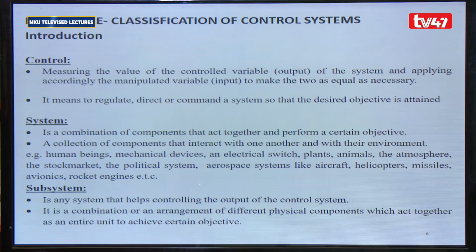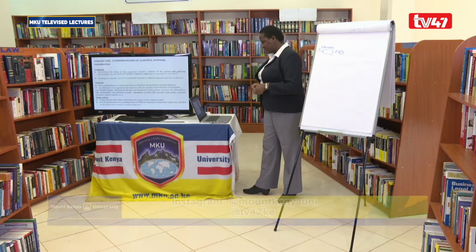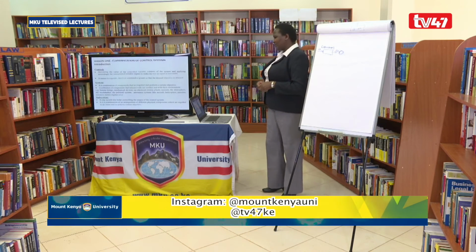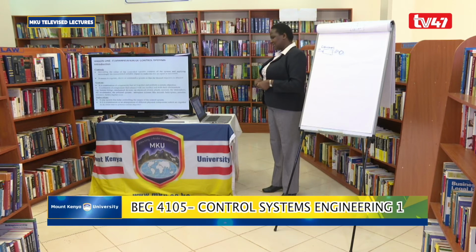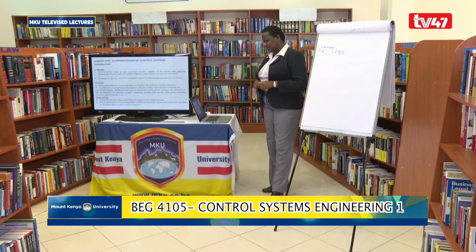The word control is something which is used in our daily lives. It's only that the direct meaning is what is missing, but you usually use it. We also have a system, which is a combination of components that act together and perform certain objectives.